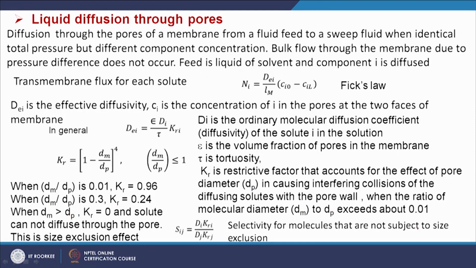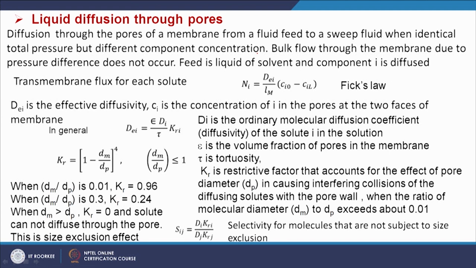Now, we will discuss liquid diffusion through pores. This is diffusion through the pores of a membrane from a fluid feed to a sweep fluid, when the total pressures are identical but the component concentrations are different. Here a pressure difference is not there, only a concentration difference.